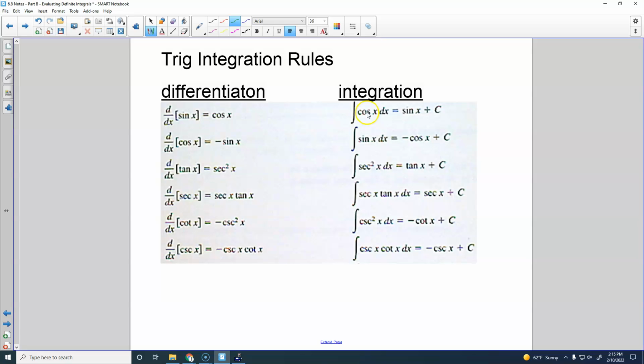So if we integrate cosine, we get positive sine. Your signs are different: when you take the derivative of cosine, you get negative sine, but when you integrate cosine, you get positive sine, because you're going backwards. Whenever you take the derivative of sine, you get cosine, but when you integrate sine, you get negative cosine.